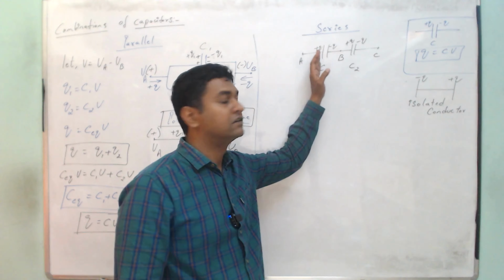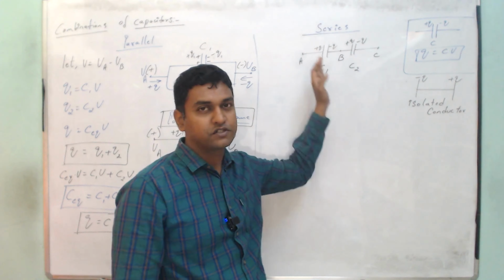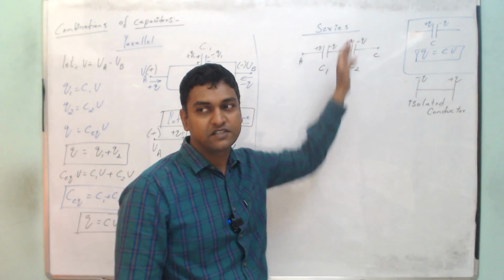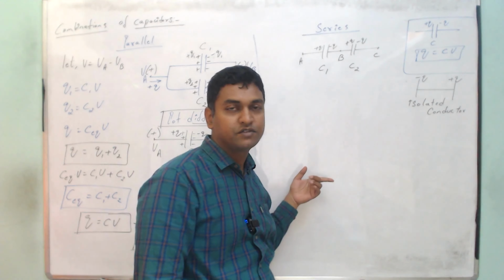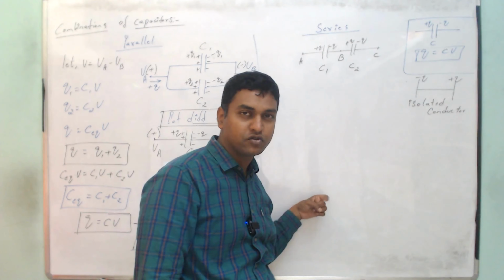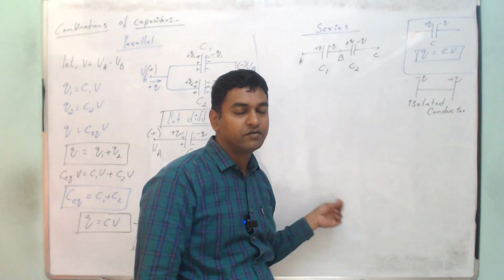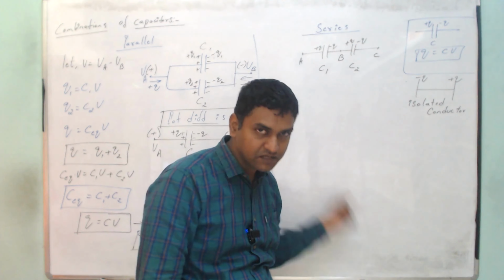That the left side of the plate has positive charge, the right side of the plate has negative charge. There will be sigma by 2 epsilon naught due to positive, sigma by 2 epsilon naught due to negative in the same direction. Therefore, the electric field between the plates of the capacitor is sigma by epsilon naught.